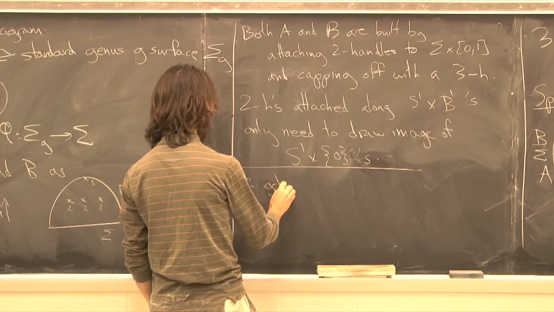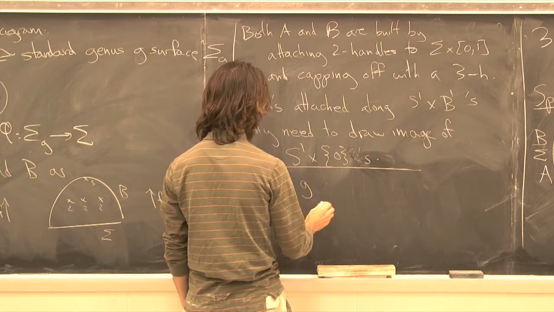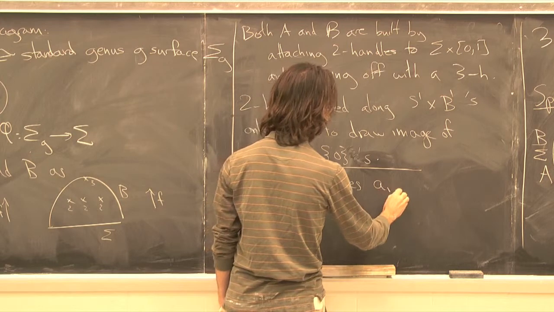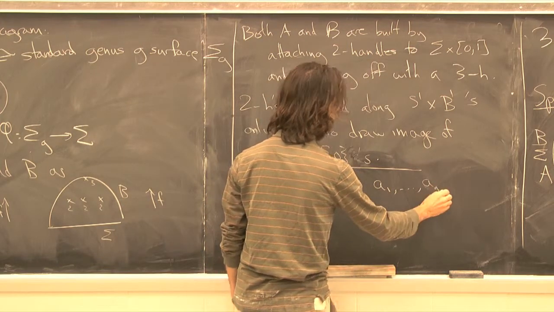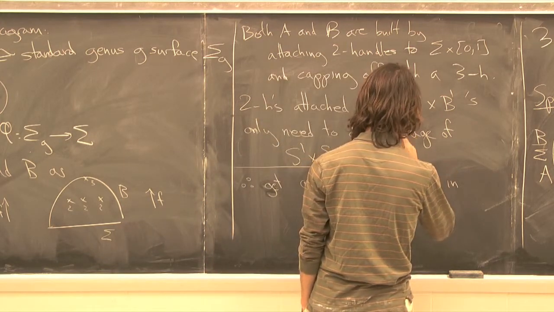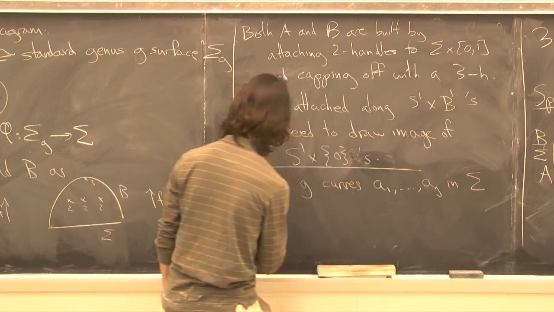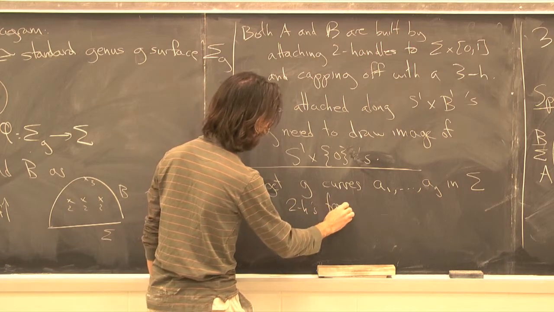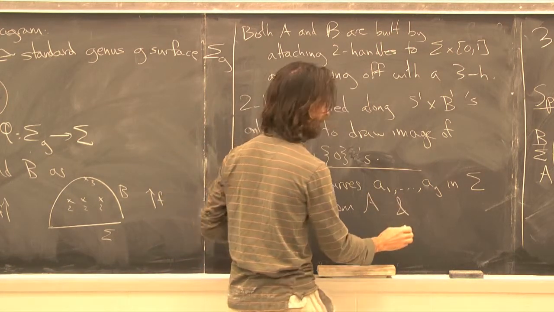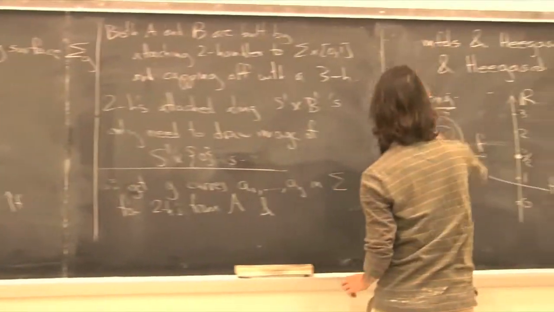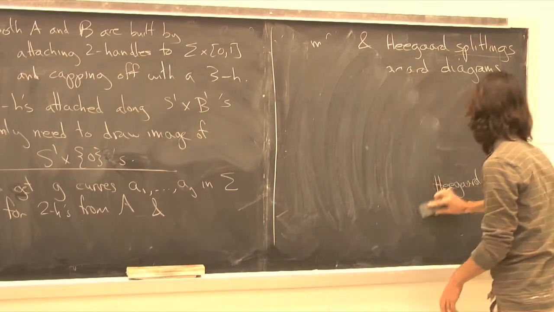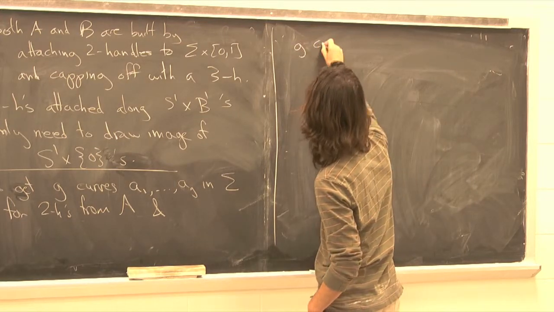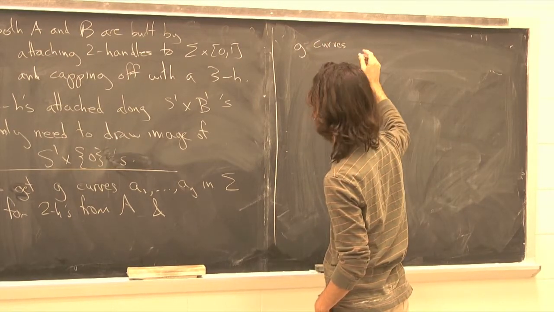Therefore, you get G curves, let's call them A1 up to AG in sigma for the attaching, for the two handles from capital A. And you similarly get G curves called B1 up to BG.